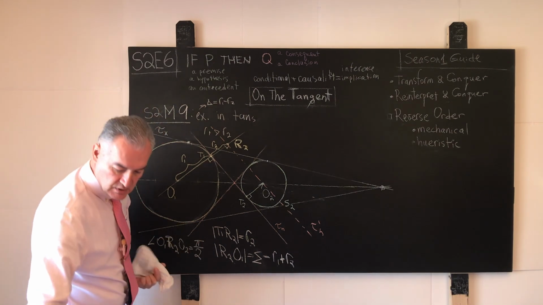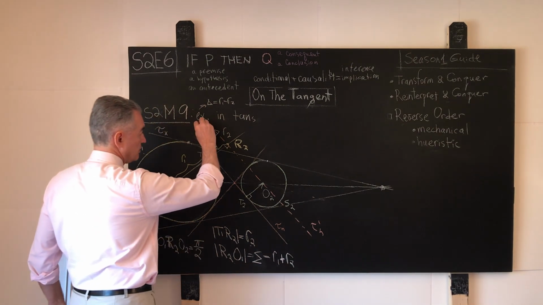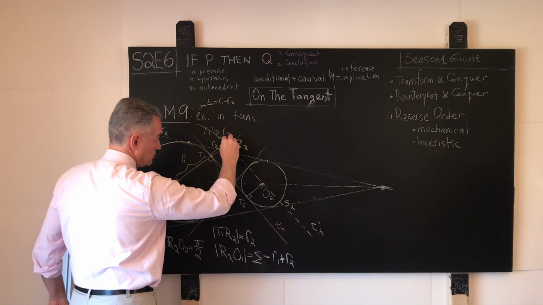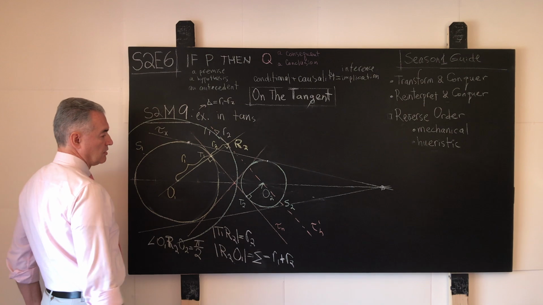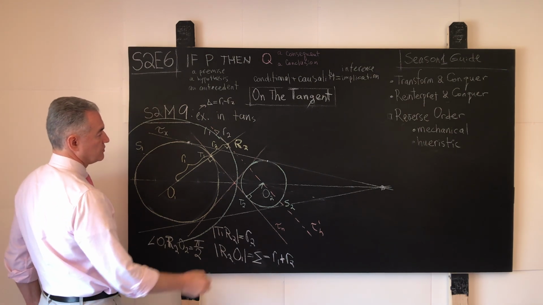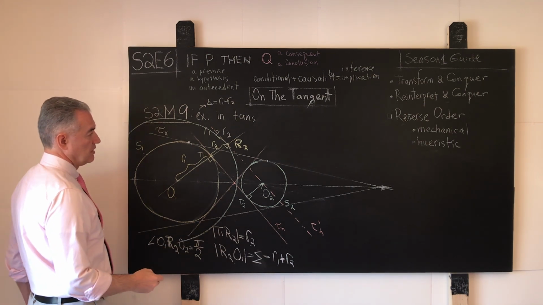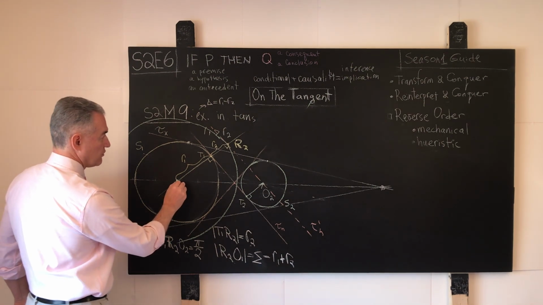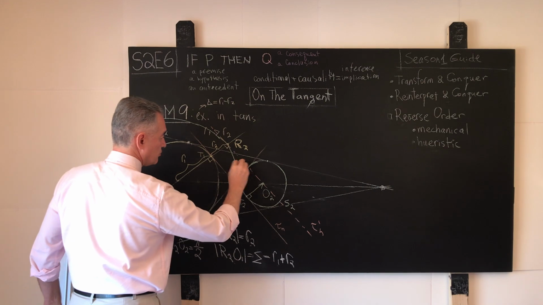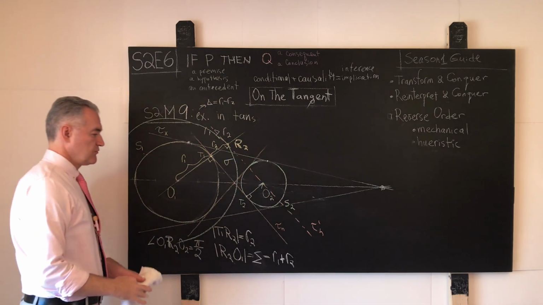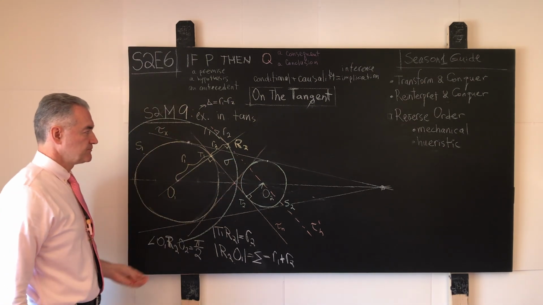Let me draw it in this green color. I'll draw it partially here. Circle that we will name, for example, circle through R2. We will name it sigma, like so. Sigma for the sum, circle sigma.